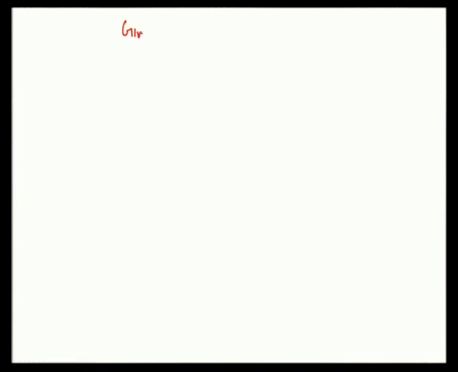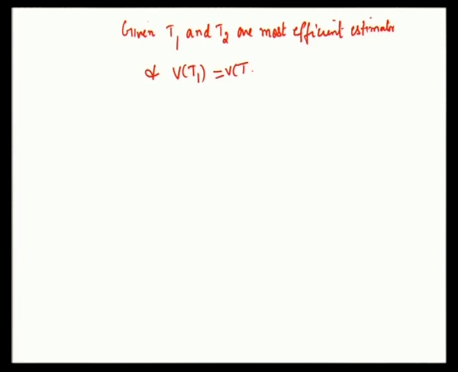You are given T1 and T2 are most efficient estimators, and variance of T1 and variance of T2 have the same variance, which is given by n.